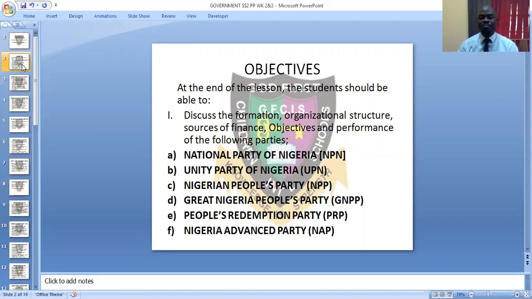C, Nigerian People's Party, NPP. D, Great Nigeria People's Party, GNPP. E, People's Redemption Party, PRP. And F, Nigeria Advanced Party, NAP. So these are the parties that were registered within the Second Republic.